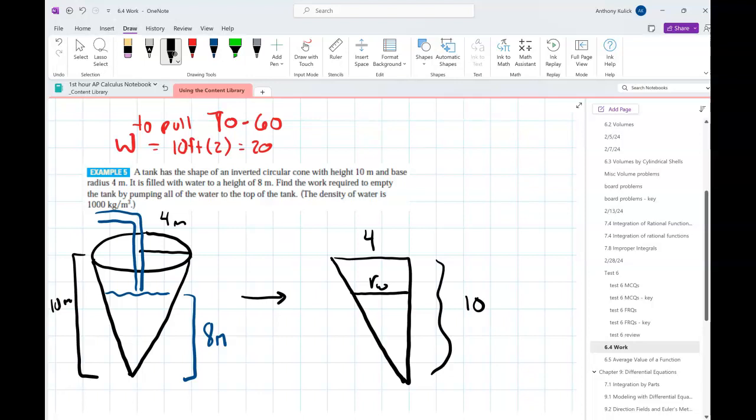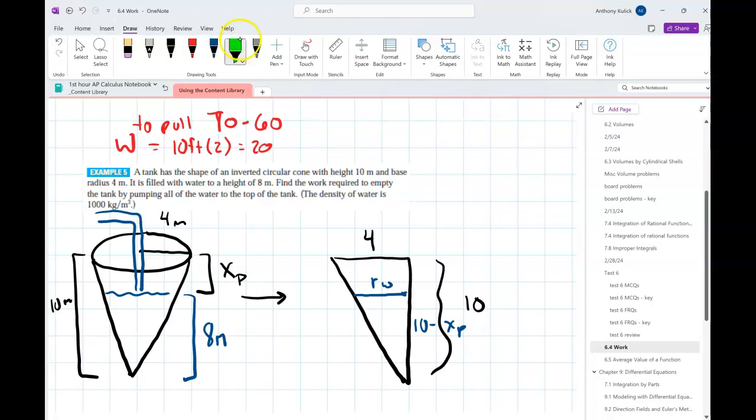And then this height of the water, how can I represent that? I'm going to call this distance x sub p, the distance we have to pump the water. So the height of the water is just 10 minus that distance we have to pump, right? Because that height of the water is going to be changing each time as well. Everybody agree?